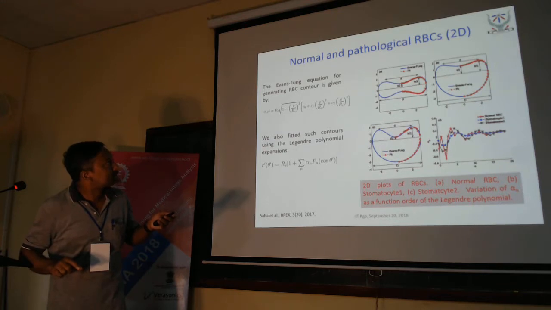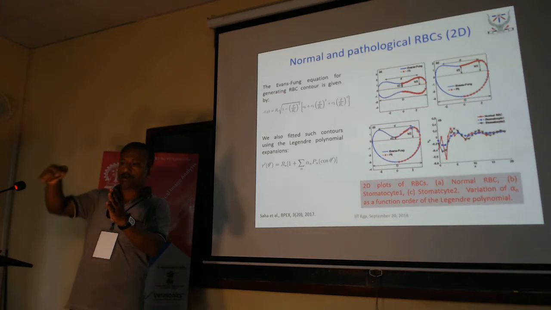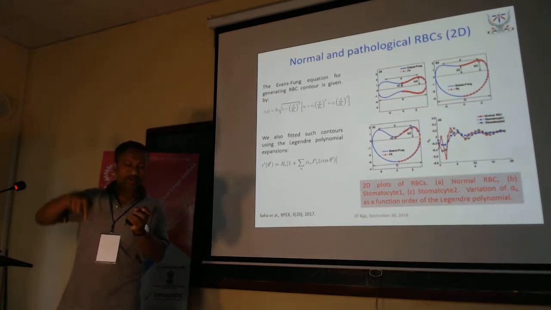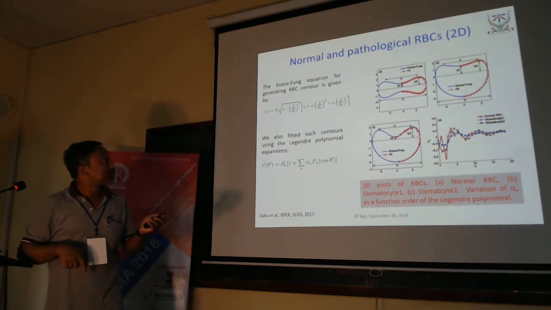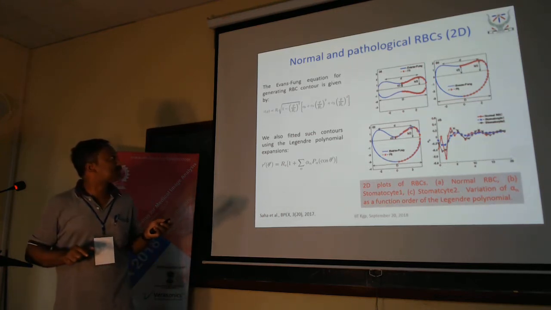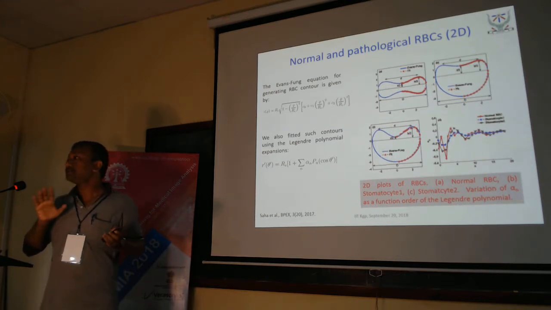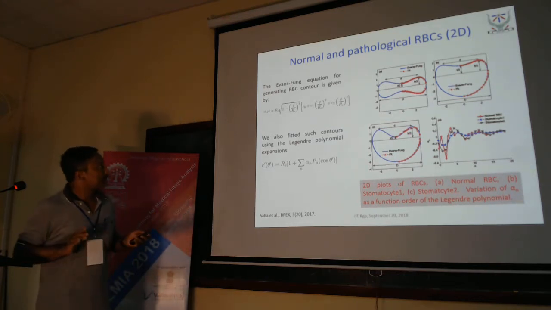This is the maximum height of a RBC, and this is the diameter of an RBC, and this small d is the distance between, or if you draw a contour through the maximum height, this is the diameter of that circle. If you insert those values, you will get C0, C1, C2.